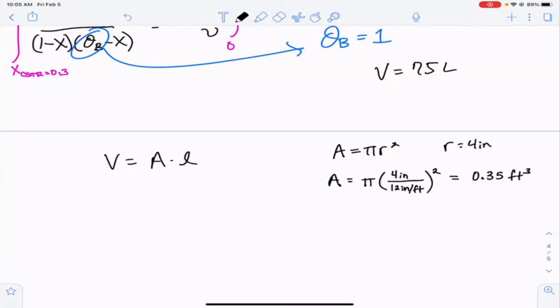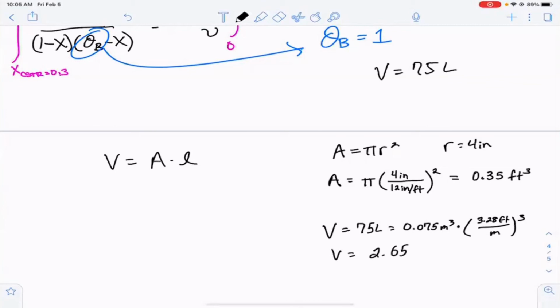And that gives us an area of 0.35 square feet. We know from our solution that the volume is 75 liters, which equals 0.075 cubic meters. Then we can do a simple unit conversion. There are 3.28 feet per meter, and we're going to cube that. Then our volume is equal to 2.65 cubic feet.